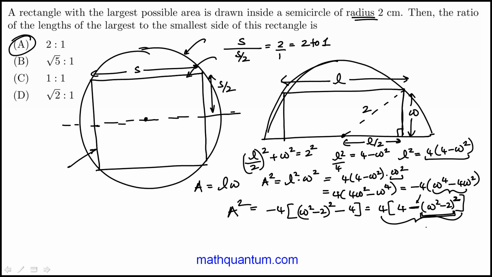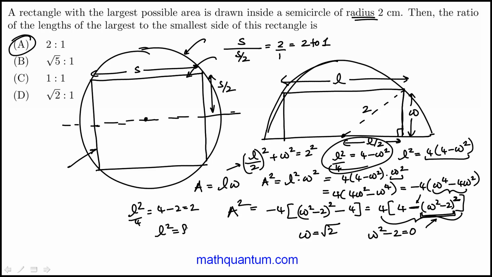So we want this to be as small as possible, and the lowest we can make this is 0, and that would be when W² minus 2 is 0, or W is root 2. We can figure out what L is by plugging it in here. L²/4 is 4 minus W², which is 2.